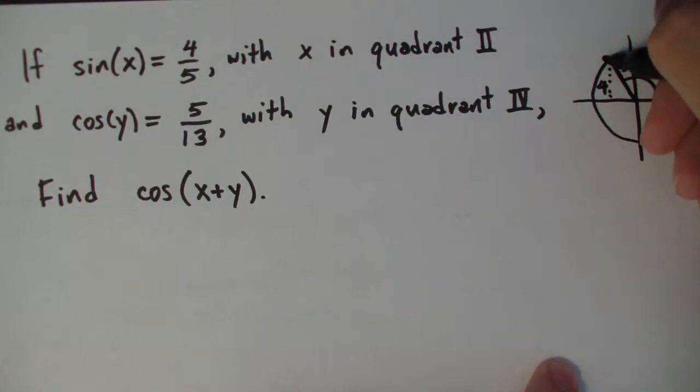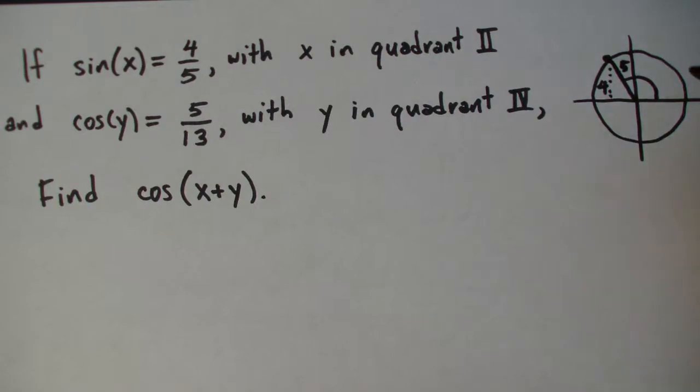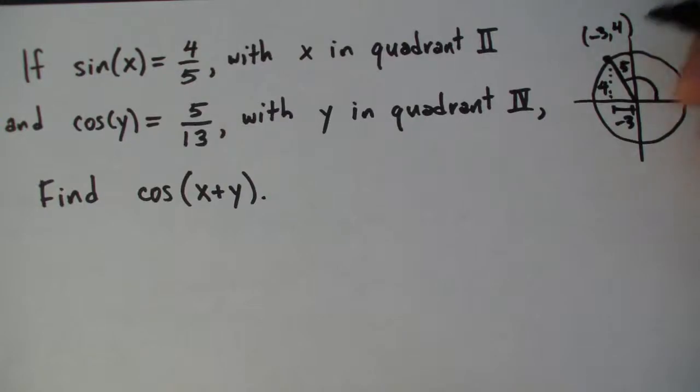So in other words, this point, once we do a little bit of Pythagorean theorem, we'll see that this other leg here is -3. So we have a 3, 4, 5 triangle. So that the coordinate here then is -3, 4.